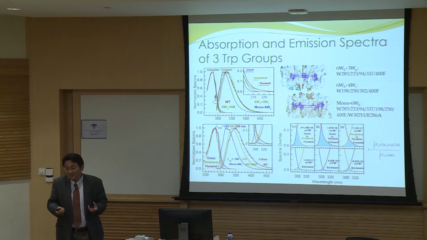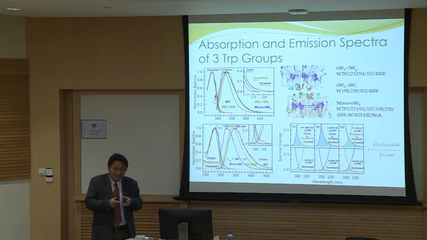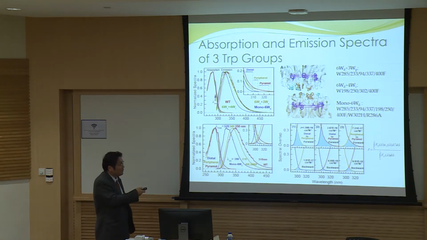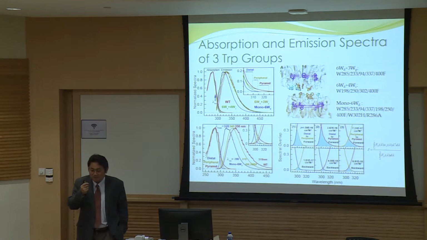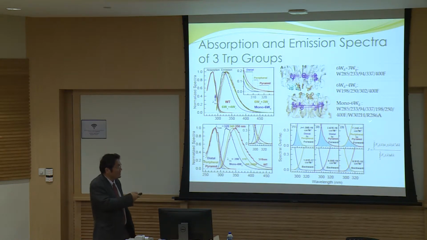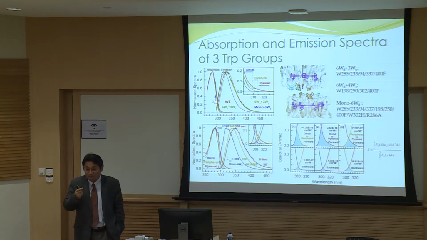However, after dissociation, the monomer structure is different. So we wanted the intact monomer tryptophan information. That's why we screened many mutants. Finally, we got one. We mutated all the interface tryptophans, which is 7 in each monomer, and then we needed to mutate one critical amino acid, and then we got a beautiful monomer.